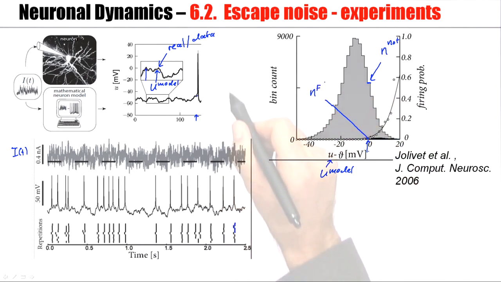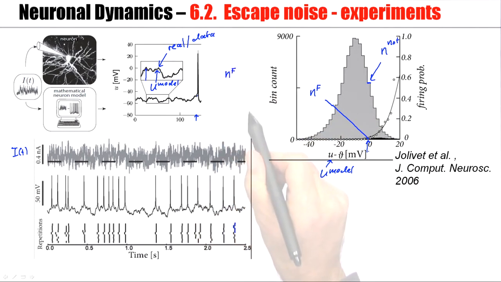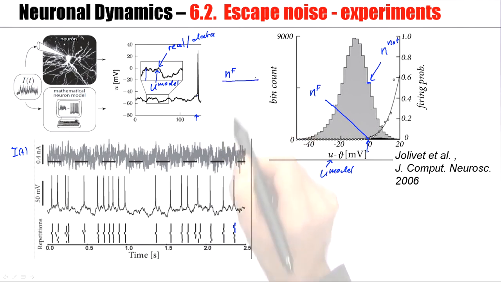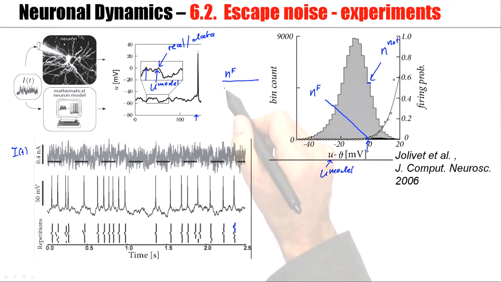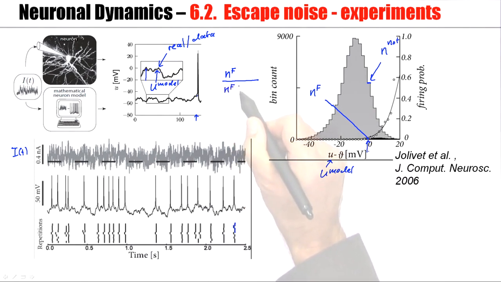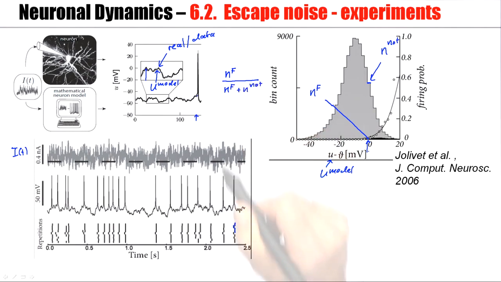Now let's compare the number of bins where the neuron fired to the total number of bins that are found at this voltage. Well, the total number of bins are those where the neuron fired, plus those where the neuron did not fire.